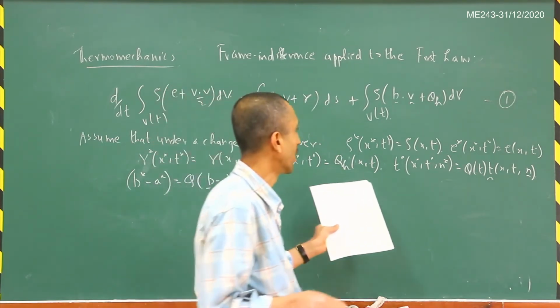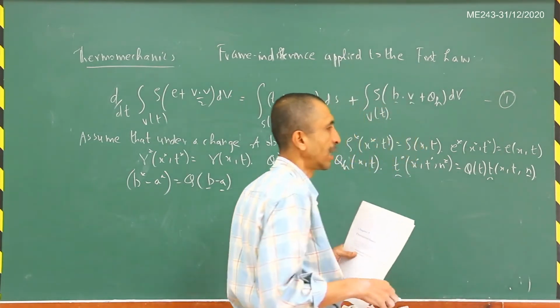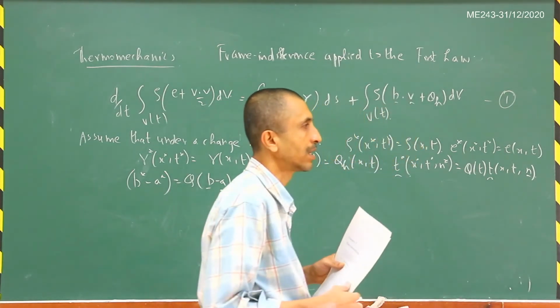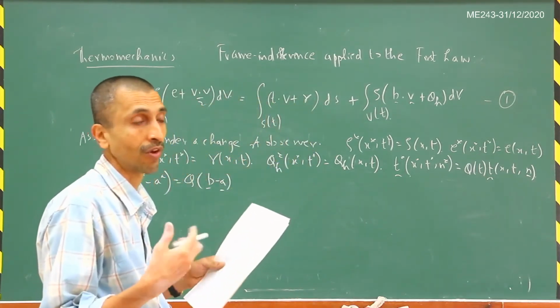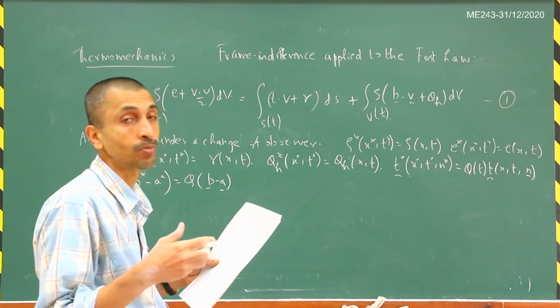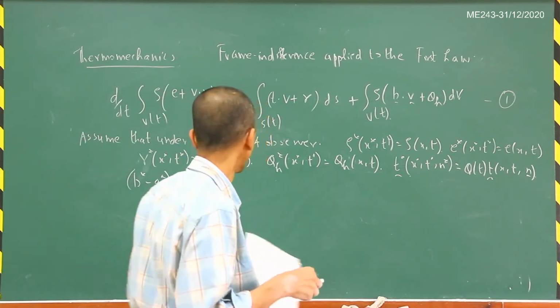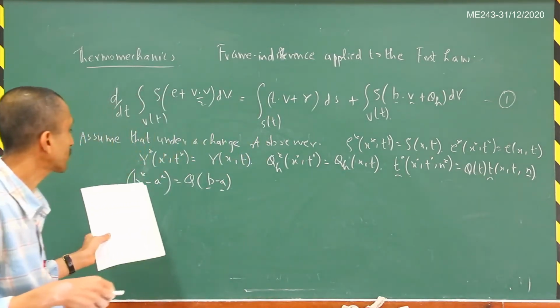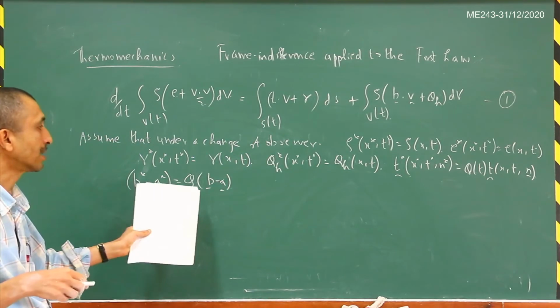And then we are also assuming that the traction is objective or frame indifferent. So we have already discussed the motivation for that by considering the spring example, so that is also a reasonable assumption. And we are also assuming that b star minus a star is q times b minus a.